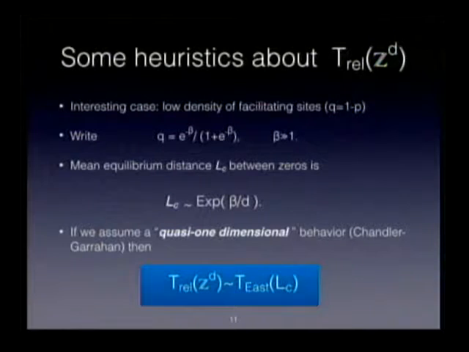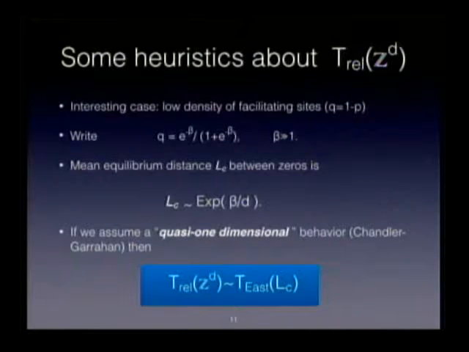So now let me describe a very appealing heuristic for the relaxation time on the whole lattice, okay, which was the heuristic used by physicists. Okay. Now the interesting case, first of all, is when there is a very low density of the facilitating sites, namely q is very small. So write q as exponential of minus beta and then this correction, and beta is very large.